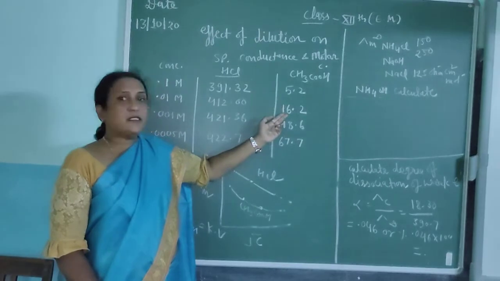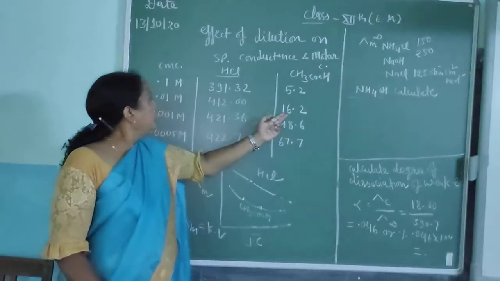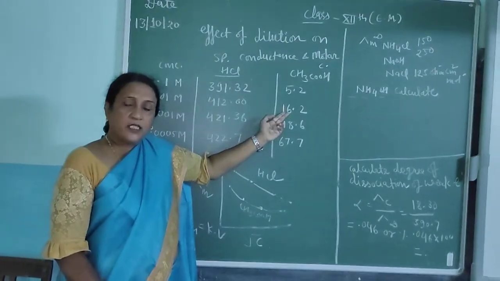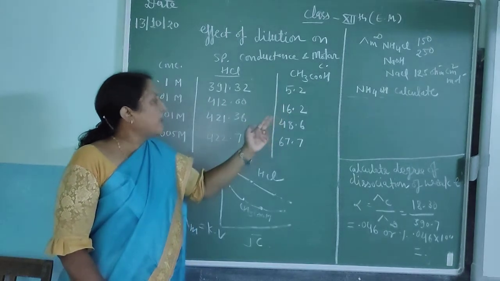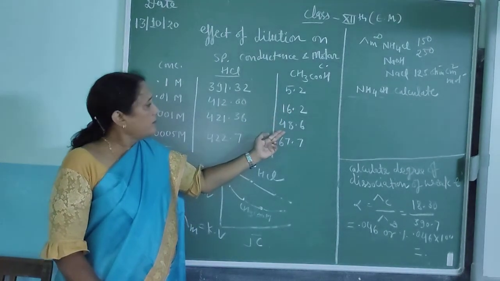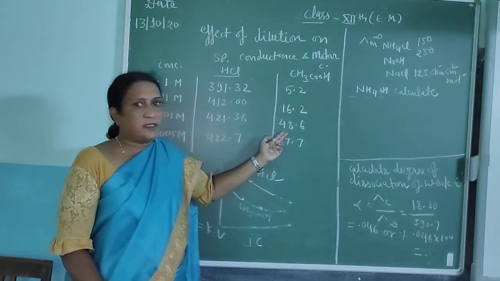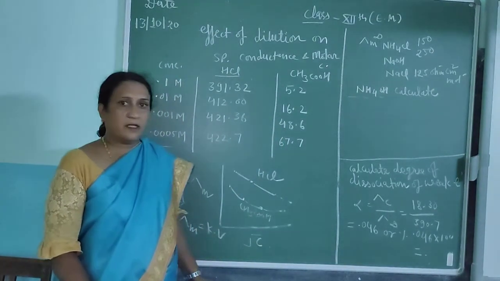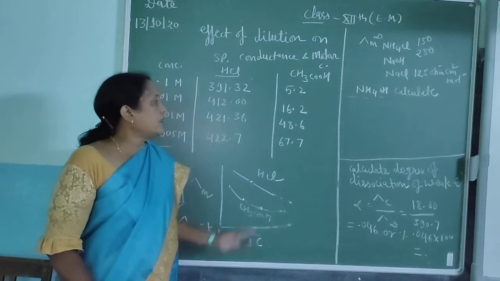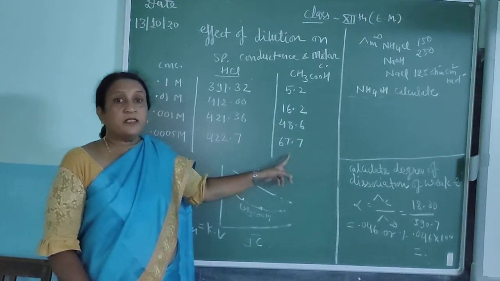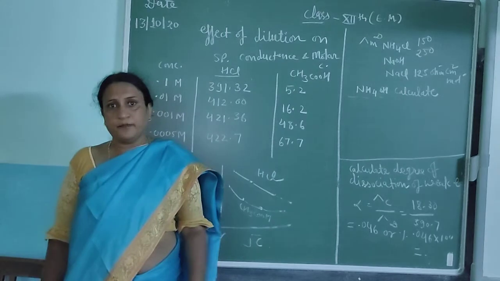Then again I increase the dilution. What happened? Again it increases, 16.2. Then again I increase the dilution, and the conduction done by acetic acid is 48.6. And at last, at infinite dilution, 67.7.